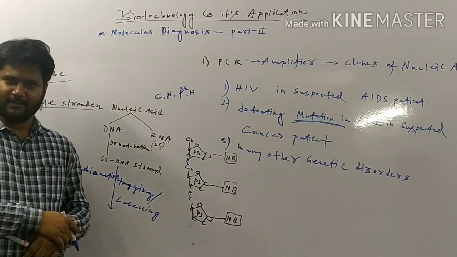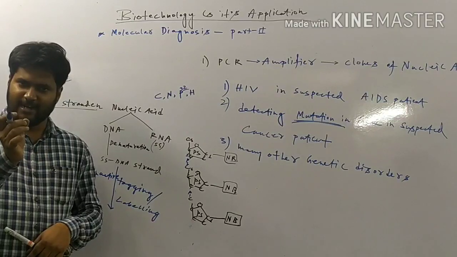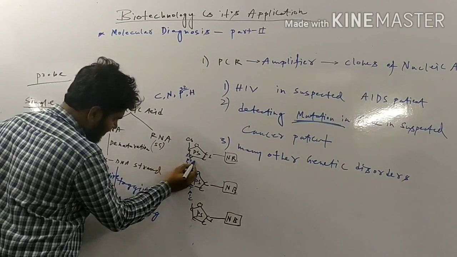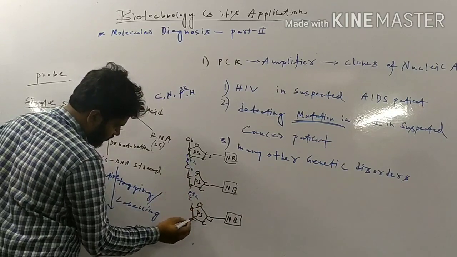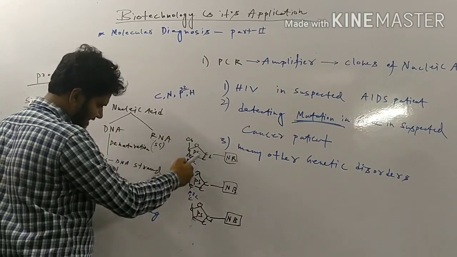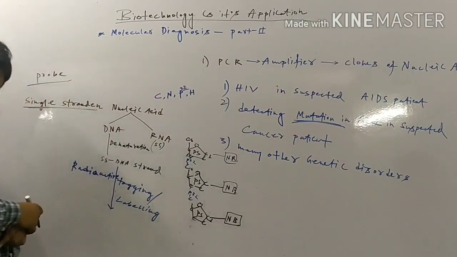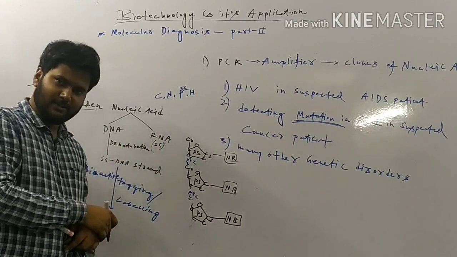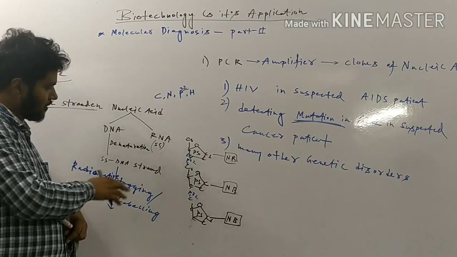The radioactive phosphorus atom is mostly used. So remember, if this is P32, that means in this DNA or RNA nucleic acid, there is one atom which is radioactive in nature.